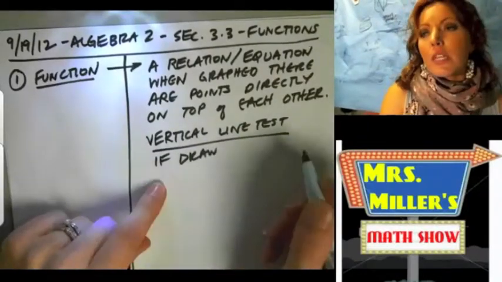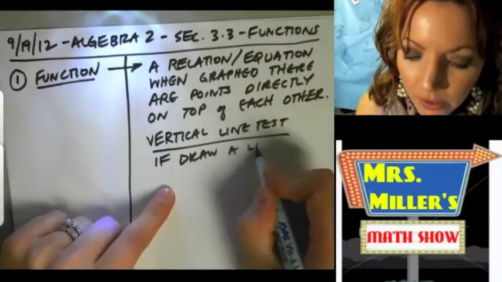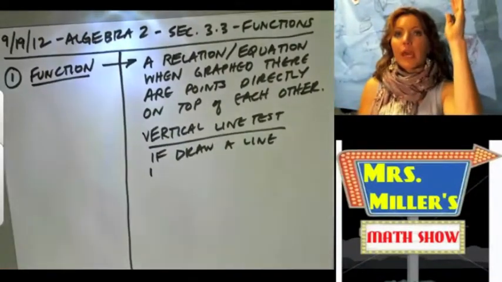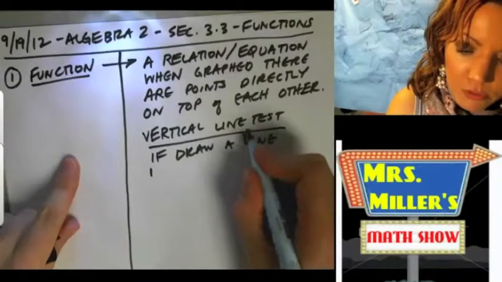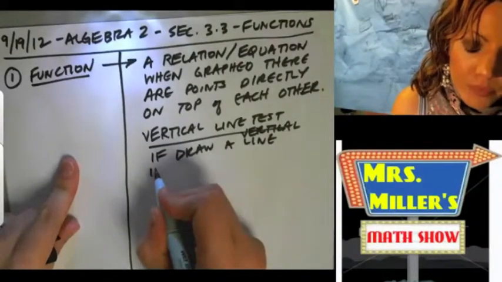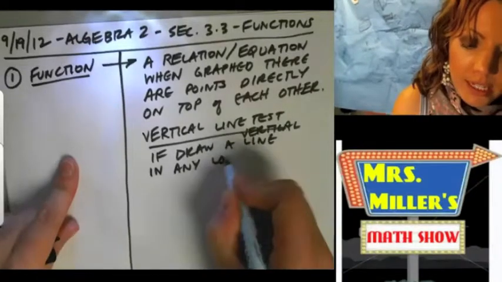Draw a vertical line. So remember, vertical is this way. Let me put that in here. Vertical line in any location in the graph.